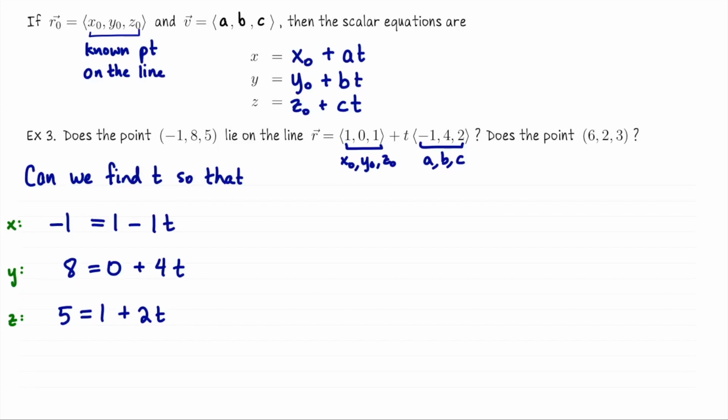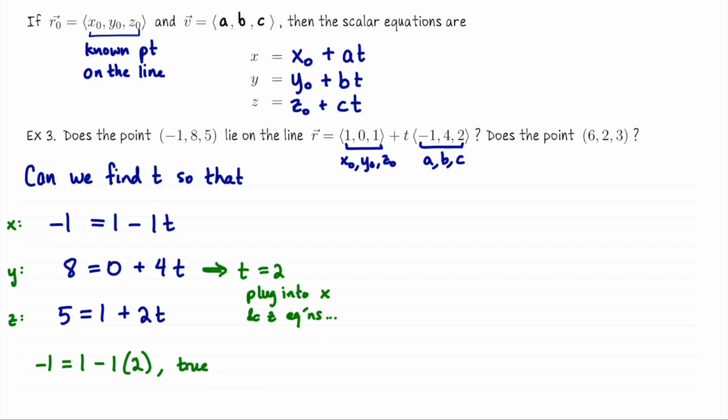Probably the easiest one to work with is that middle equation. If it's the case that 8 equals 0 plus 4t, then that means t equals 2. So let's plug that value into the x and z equations. We get -1 equals 1 minus 1 times 2. That's true, so that seems promising.